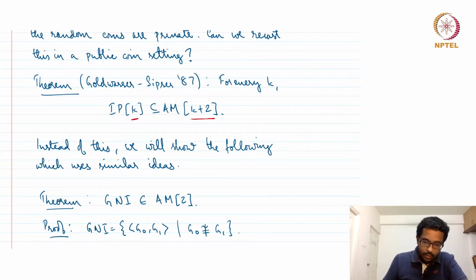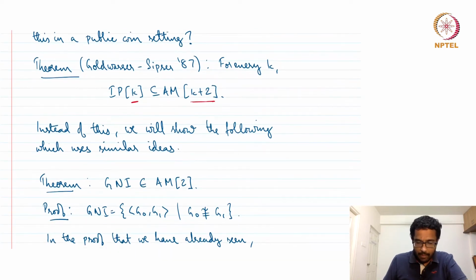Okay, so this was Goldwasser and Sipser's result. Instead of showing this result in the full general setting, we will just show that graph non-isomorphism has a public coin protocol with just 2 rounds. In fact, graph non-isomorphism has an Arthur-Merlin protocol with 2 rounds. We had already seen that graph non-isomorphism has an IP2. Now we say that it is an AM2 as well, and the ideas are very similar.